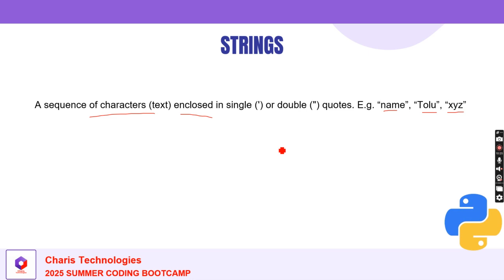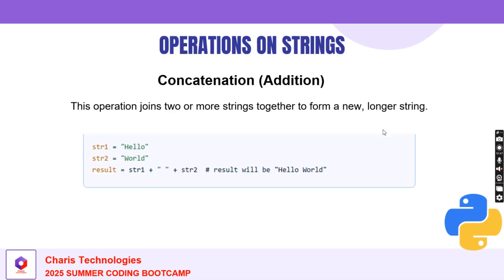Now, strings actually just means a set of characters, a sequence of characters, like ABC, XYZ. So that's what strings are. So any data type that is not a number or a boolean must be a string, right? Because those are the three major data types you have in Python.